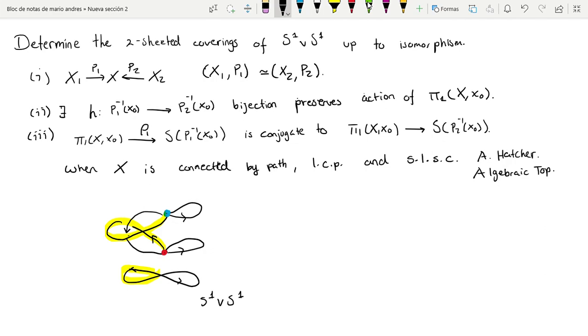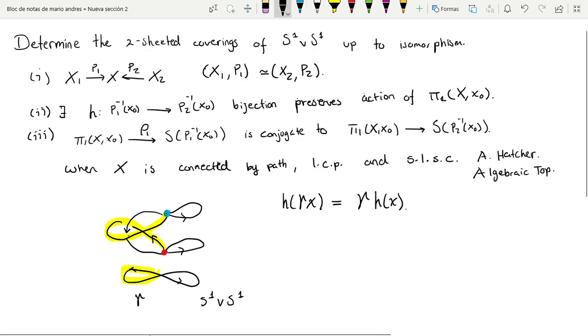And what does it mean that h preserves the action? Well, it means that, for instance, if we call gamma this loop, then h of gamma acting on some thing in the fiber of x sub 0 needs to be gamma acting on h of the same thing. Obviously, this action depends on the covering space, right?